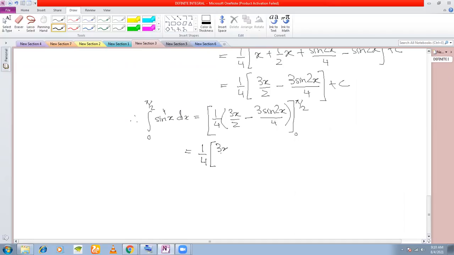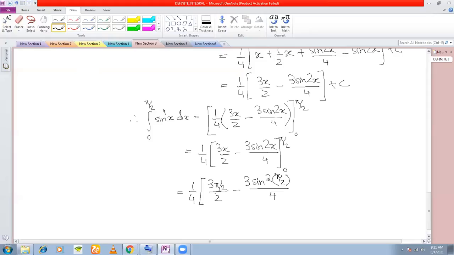Now you put the upper and the lower limits. First you put the upper limit, you'll get 3 pi by 2 divided by 2 minus 3 sin twice pi by 2 divided by 4.